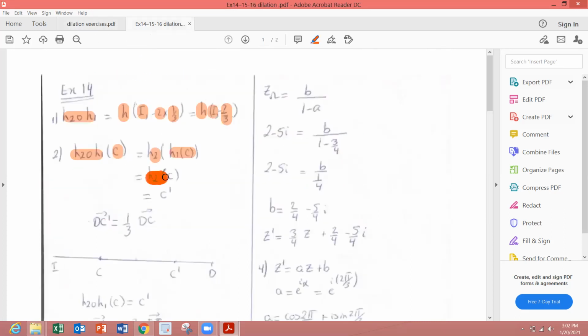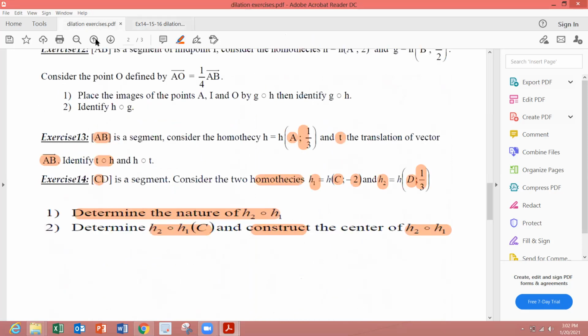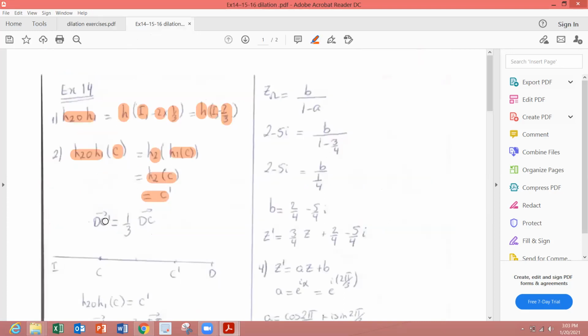So H2 of C, let's call it C prime. Since H2 has center D and ratio 1/3, DC prime equals 1/3 DC.